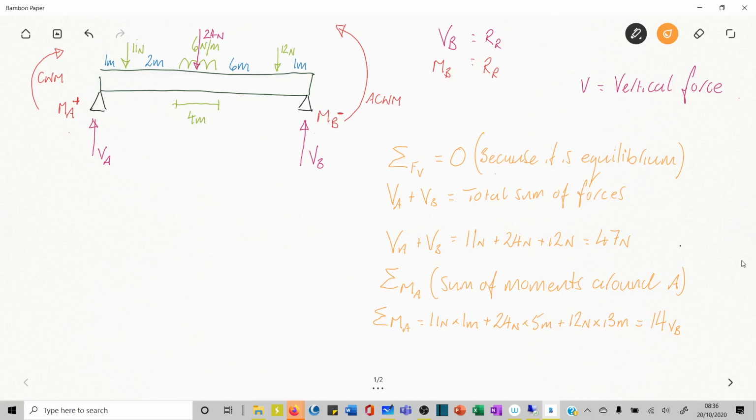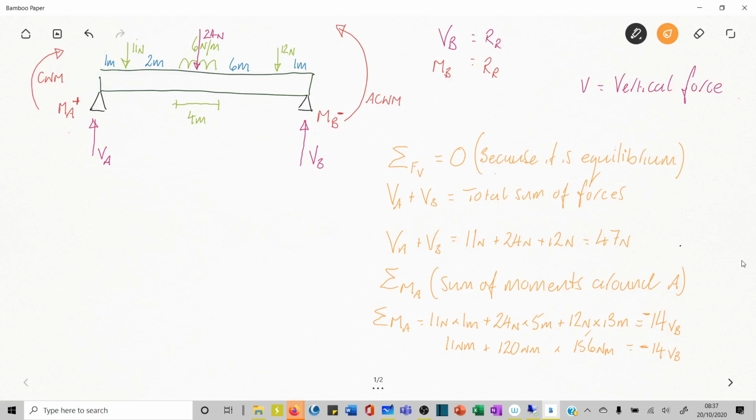So that equals 11 newton meters plus 120 newton meters plus 156 newton meters equals, again the minus, because on the right is the anti-clockwise, isn't it? VB. Don't forget we're working out the moments around A, or left. We're working out the right reaction, so we start on the left.